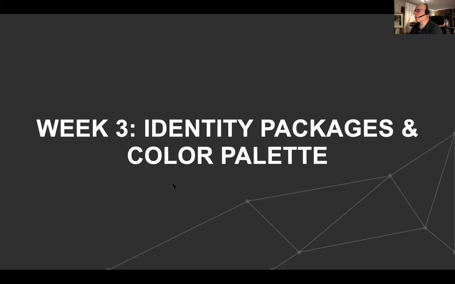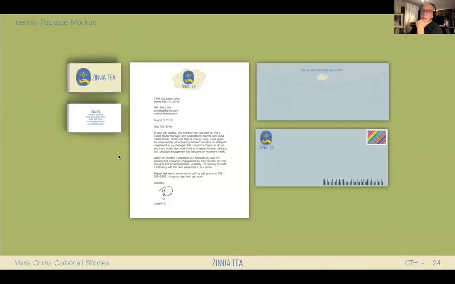So what's an identity package, right? Well, when you're a graphic designer, an identity package is a specific thing that everyone kind of expects. Once you do the logo, you create elements of the brand, what we call touch points. The first thing is usually business card, letterhead, and envelope. I have current present day clients, and I have to create these same items all the time.